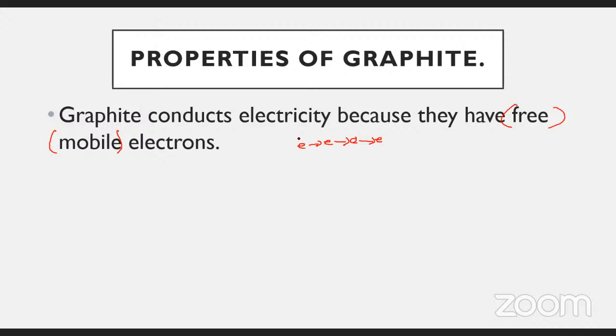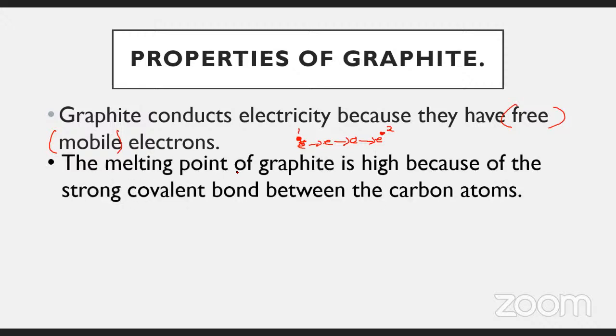If this was our graphite and this is a source of electricity, each electron is going to carry electricity from one point to another. This is point 1, point 2. So in other words, the electrons in graphite are able to move from one point to another, which is not the case with diamond.